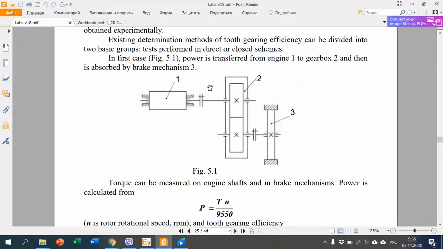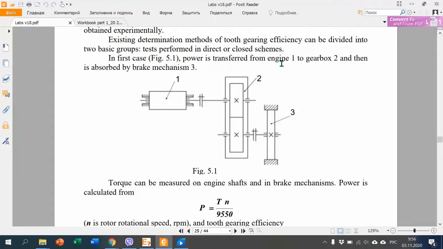And this direct scheme is usually used for laboratory investigations and not for manufacturing of relatively big gearboxes, like turbofan gearboxes and like other gearboxes which have calculated power in thousands of kilowatts.